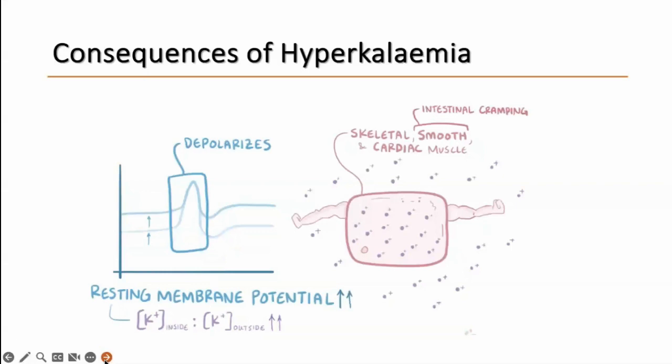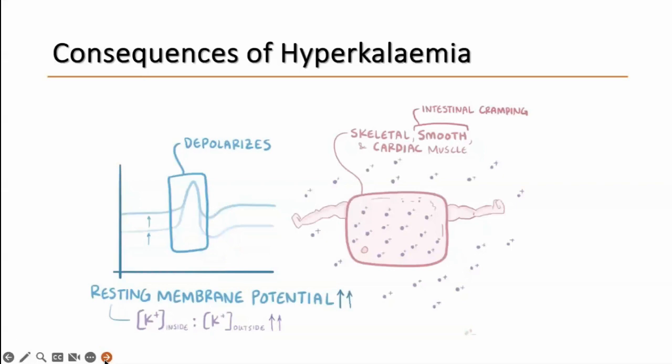So what then happens is it can cause a contraction of that cell or muscle, and eventually that resting membrane potential gets so high and is above the threshold potential, which means that once your muscle depolarizes and contracts, it can't actually repolarize to allow for another contraction.